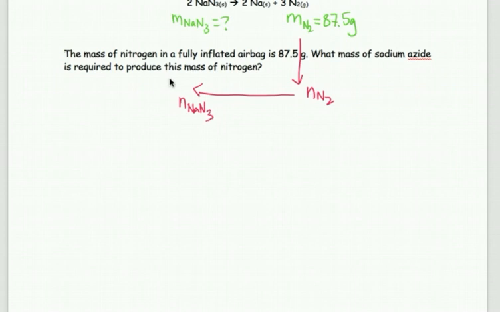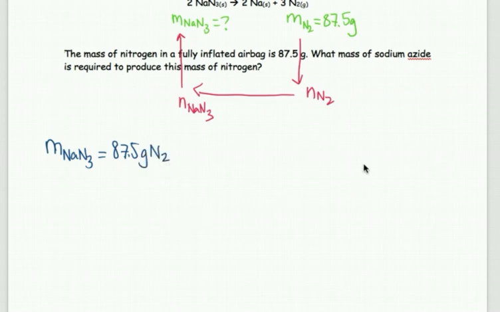And then once we find the moles, we can get to the mass. All right, so I'm going to use the unit analysis method, like I said, first. Okay, so when we're going through here, we are trying to find the mass of sodium azide. Okay, so I have this number to start with. So the mass of nitrogen.